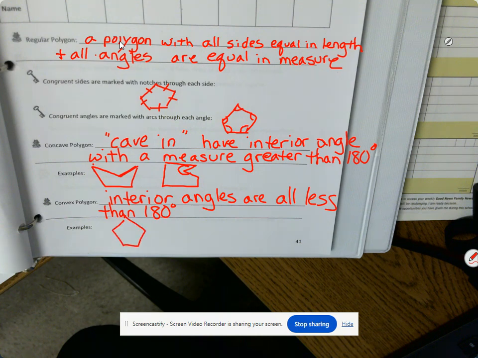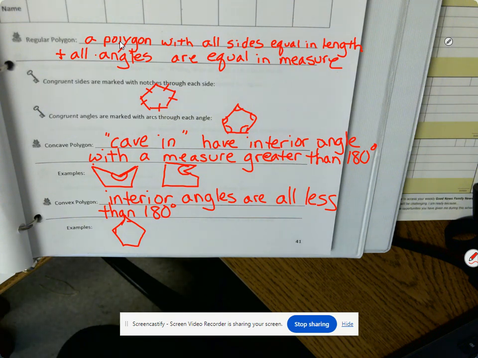There are no cave-ins. All those interior angles are less than 180 degrees. Concave, you've got a big interior angle that's greater than 180. It looks like a side caved in.